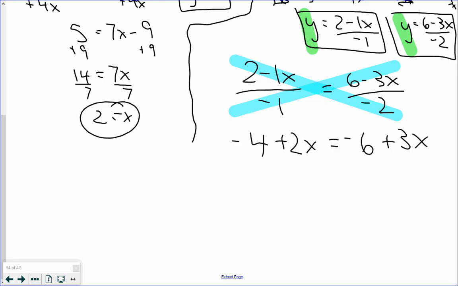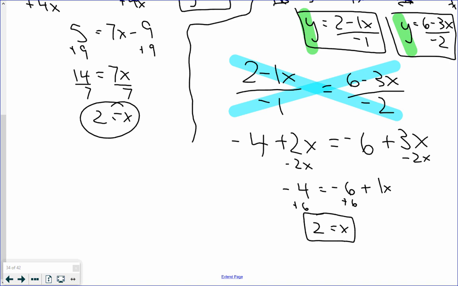So I've got a 2x on this side and a 3x on that side. So I'm going to move my smaller one. So 3 minus 2 is 1x, or just x. I'm going to add 6 to both sides. So x is 2. X is not always going to equal 2. It's just a happy little accident there.